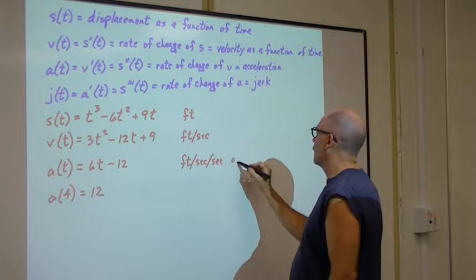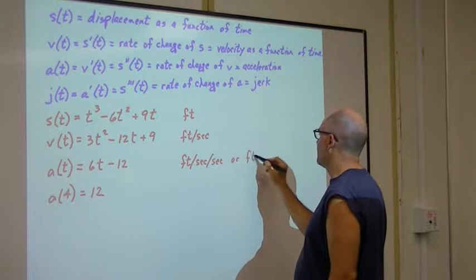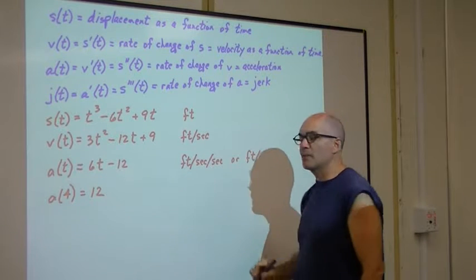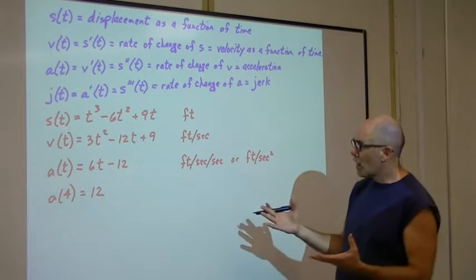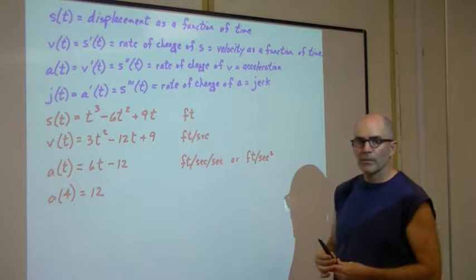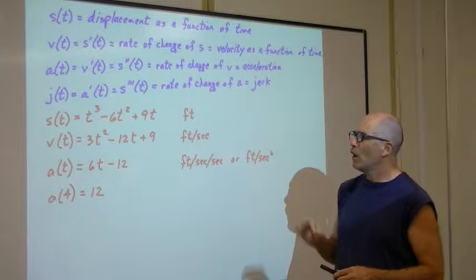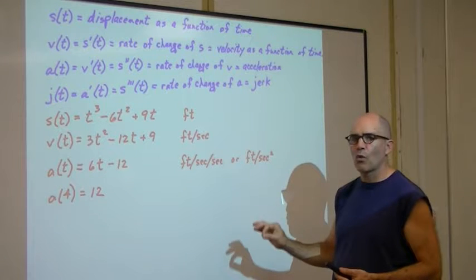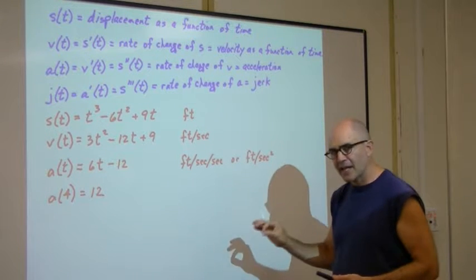Or, to shorten it, we say feet per second squared. But really, feet per second per second describes acceleration better. We know on Earth, our acceleration is 32.174 feet per second per second.